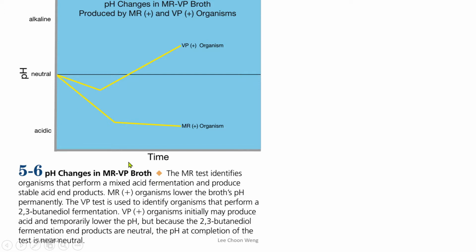Next is the Methyl Red and Voges-Proskauer test. For this set of tests, we'll use the same broth, which is the MRVP broth. We are essentially looking at the different kinds of fermentation end products as the organism utilizes glucose.